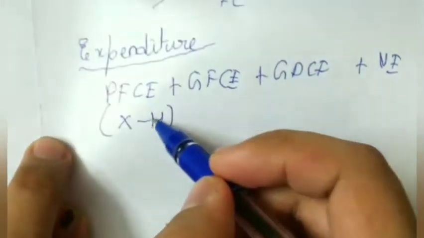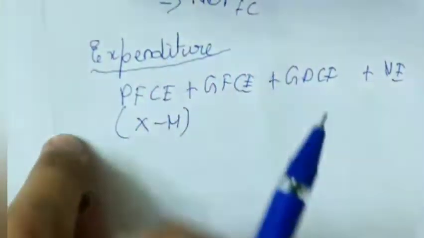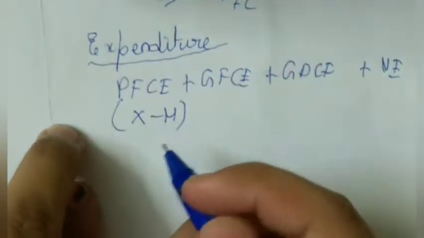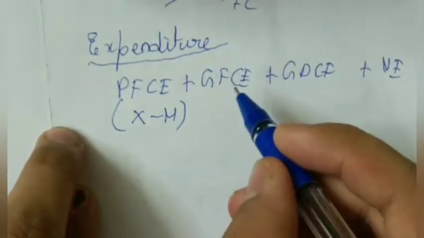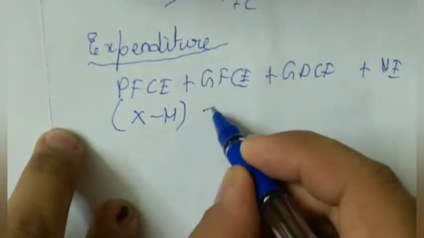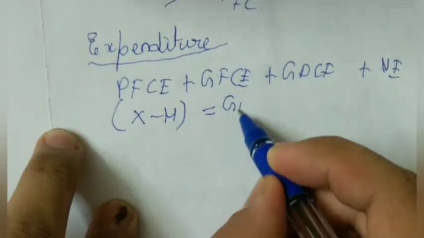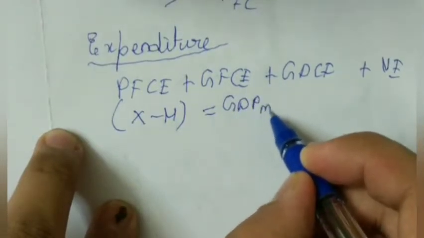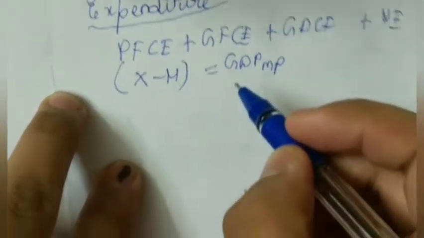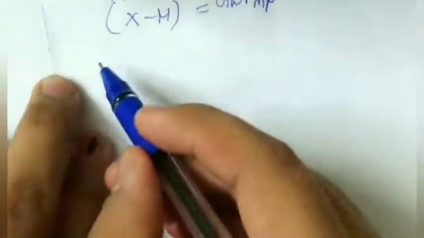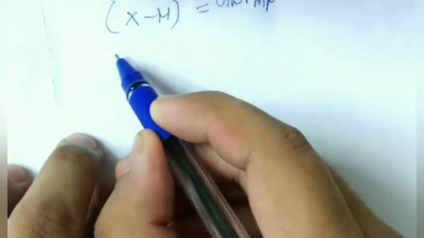Don't confuse net exports as gross exports minus depreciation. It is exports minus imports. This gives the aggregate of GDP MP, and according to the golden rules, we were able to calculate national income. Now, what are the golden rules?